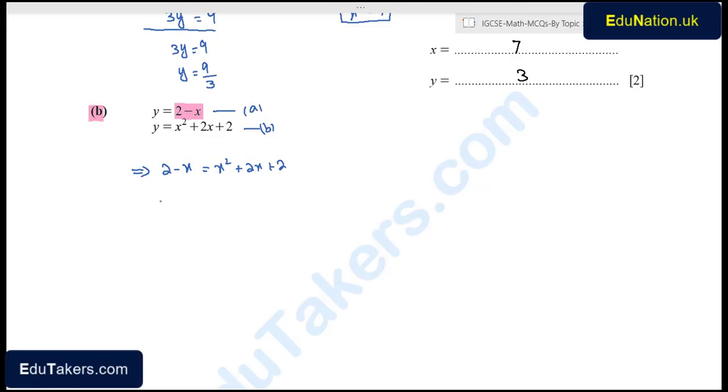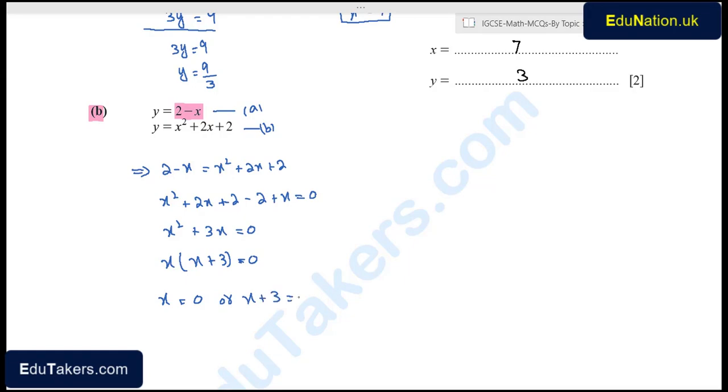Now rearranging this equation, x² + 2x + 2 − 2 + x = 0. It becomes x² + 3x = 0. Taking x as common, x(x + 3) = 0. Now either x = 0 or x + 3 = 0, and from this x = −3. Now two values of x are calculated.